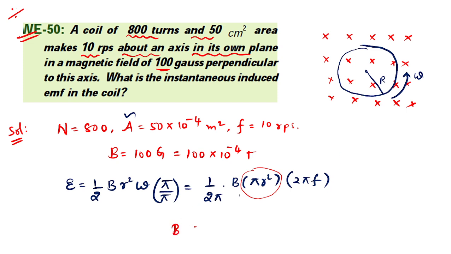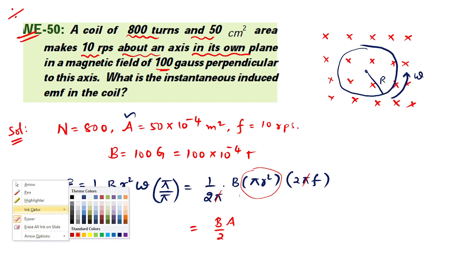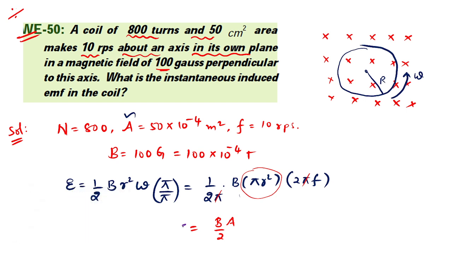So the EMF is equal to, here this pi and this pi I can cancel. Then B divided by 2 I will have, and area. The EMF, sorry, this is EMF: B into area into frequency.